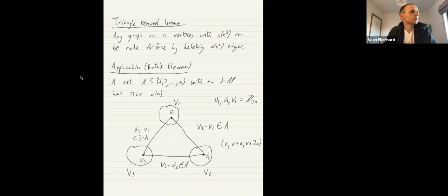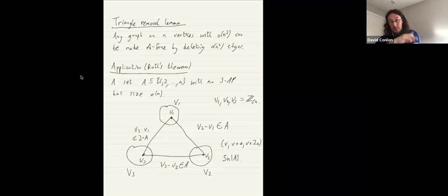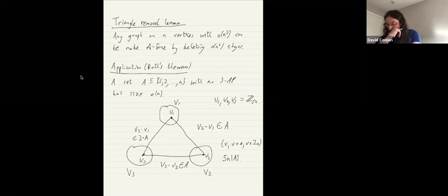The total number of triangles you get this way is the number of ways of choosing v, which is 5n, times the number of ways of choosing the element of A, which is just the size of A. It's fairly easy to show that these triangles are edge disjoint, so no two triangles share an edge.